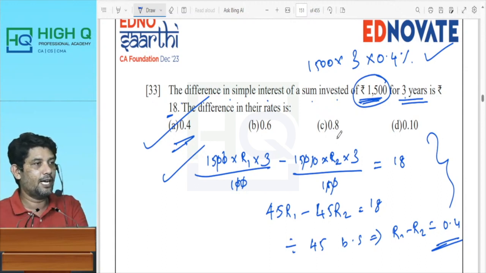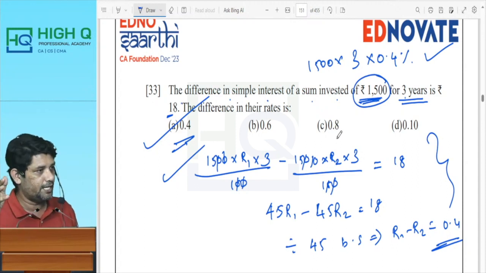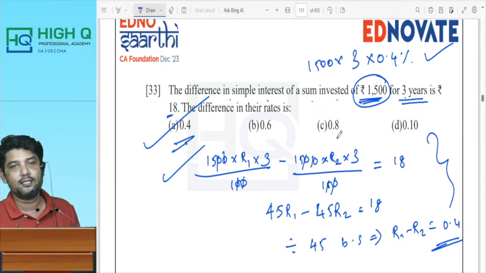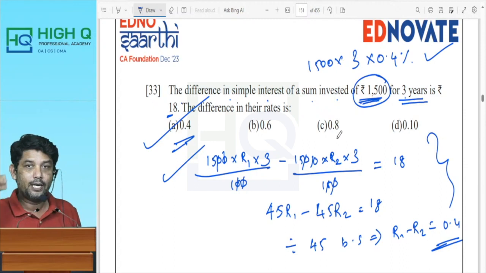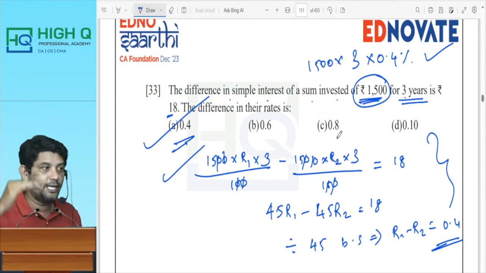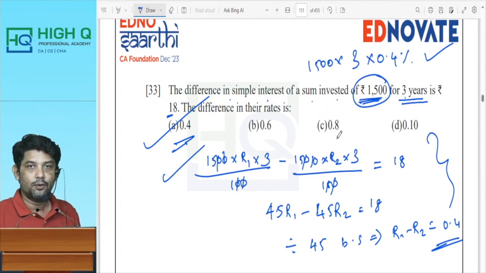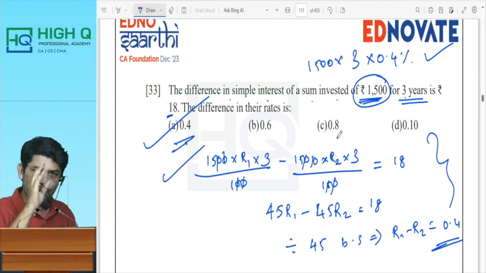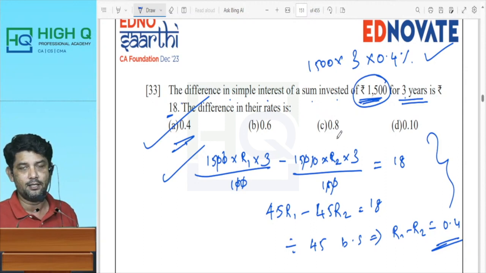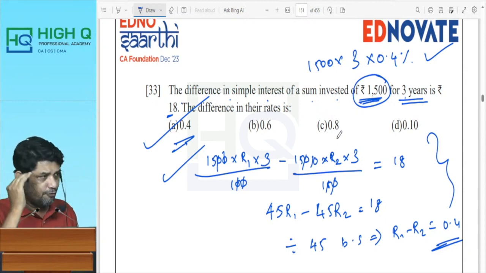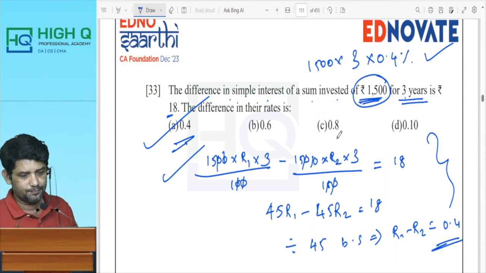IIT JEE students are getting tricks and hacks, am I right? And CAT students are getting tricks and hacks. Why not CA students? Please ask yourself. Why are people degrading you? Please follow. You can also crack the problem by using hacks and tricks, my dear. Please follow the procedure I'm saying.